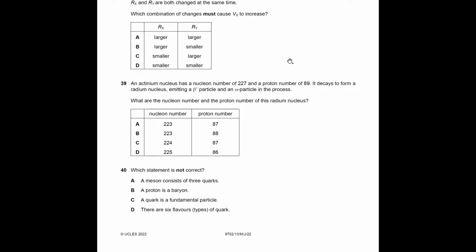Okay, for question 39, you have an actinium nucleus that has a nucleon number of 227 and a proton number of 89. It decays to form a radium nucleus emitting a beta minus particle and an alpha particle in the process. What are the nucleon number and proton number of this radium nucleus? So for this particular case, it will probably be better just to draw out the nuclear equation.